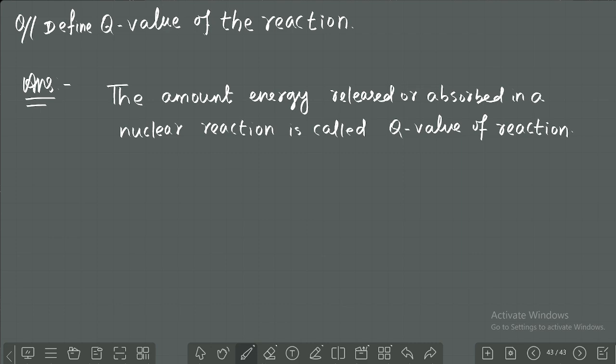The amount of energy released or absorbed in a nuclear reaction is called Q value of reaction.